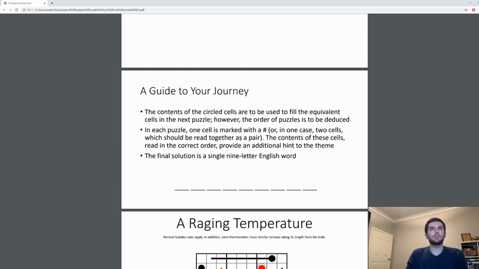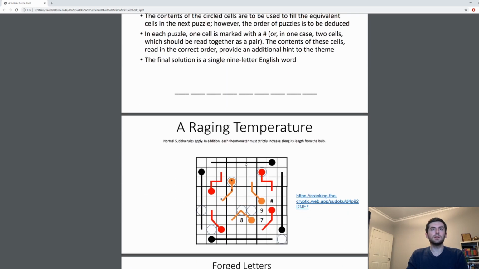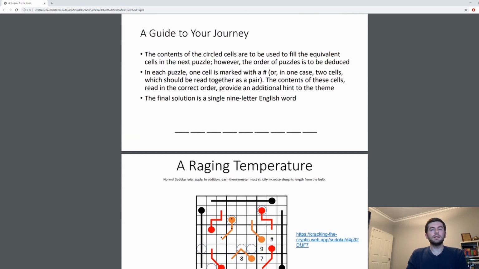Now, what we can take from this is that firstly, there is a theme to these puzzles, and secondly, that the contents of the circled cells are used to fill the equivalent cells in the next puzzle, and the order of puzzles is to be deduced.